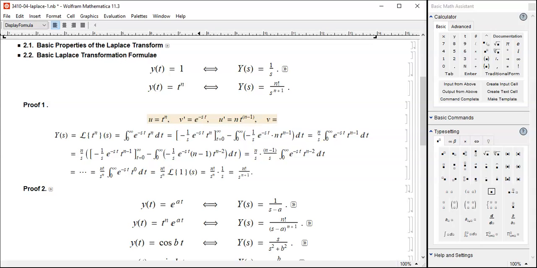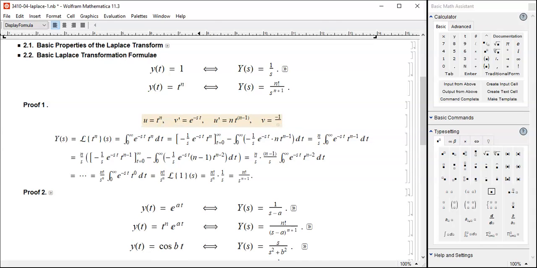And v is negative 1 over s e to the negative st.